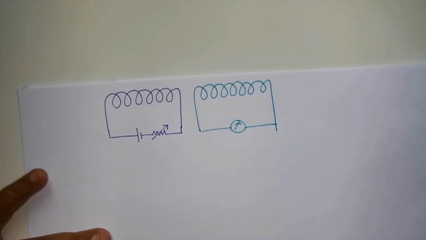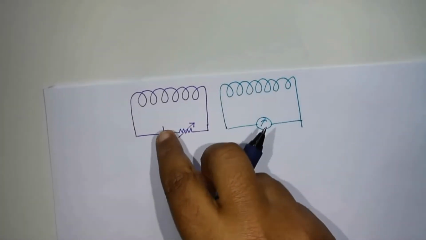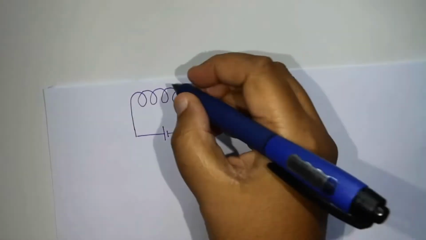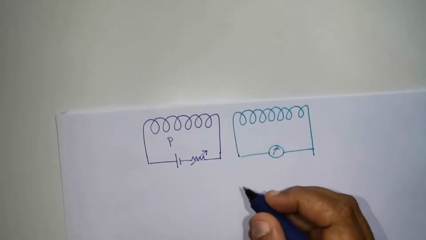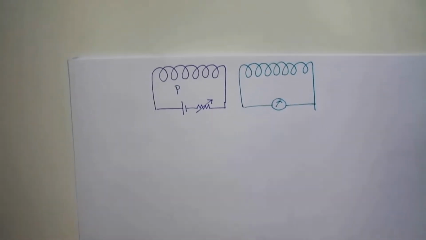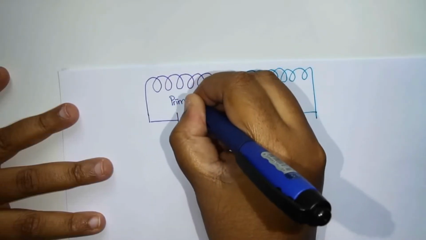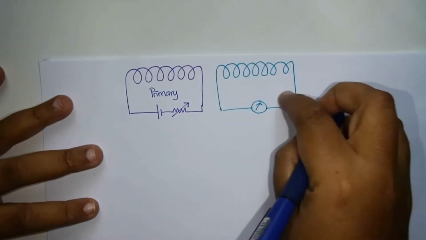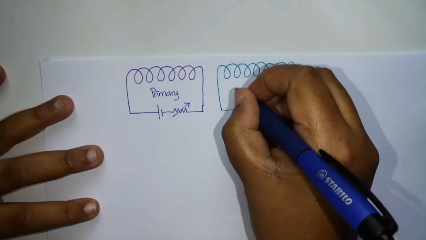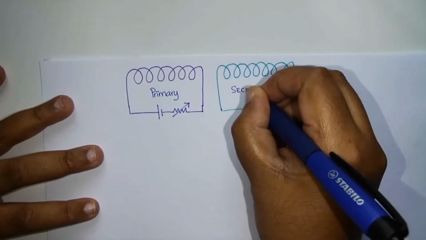Now what we know is that the coil that is connected to the cell is called the primary coil. The coil that is connected to a galvanometer is called the secondary coil.